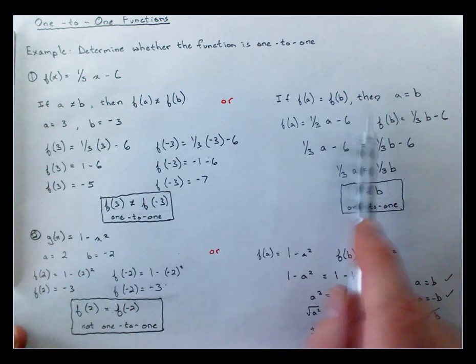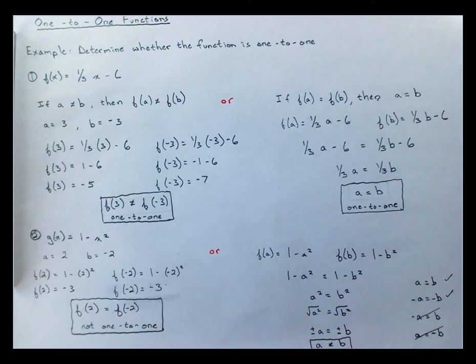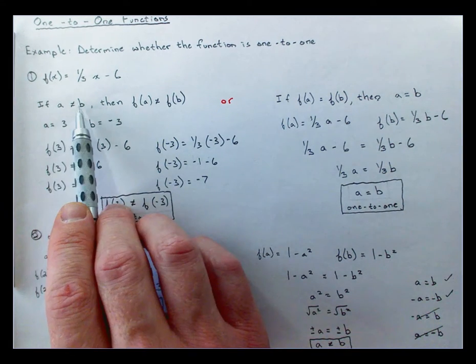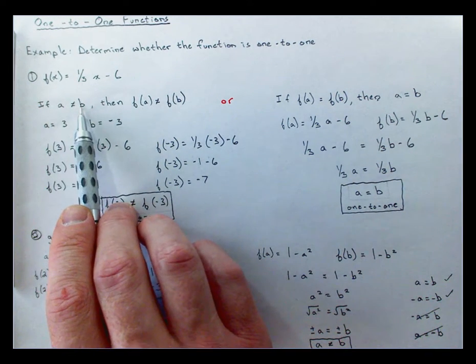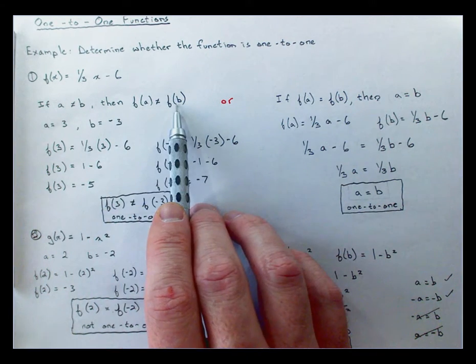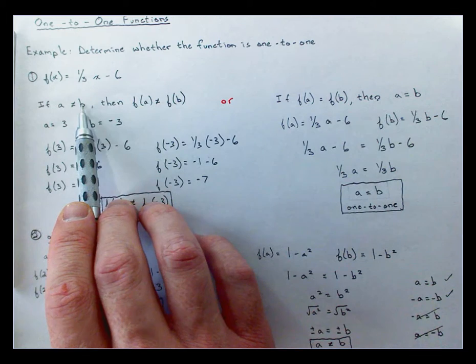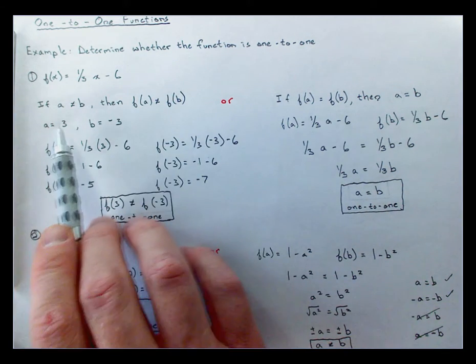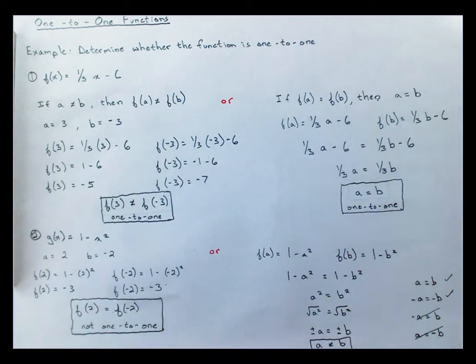And here are some examples. The first one was saying different inputs, so I have different x values. Remember, I make them opposite numbers. And then they have different outputs, meaning I plug in numbers from the domain and I get different values in my range. So I chose 3 and -3.